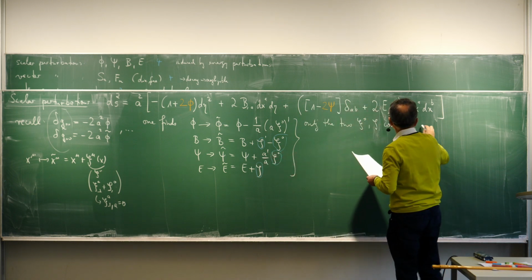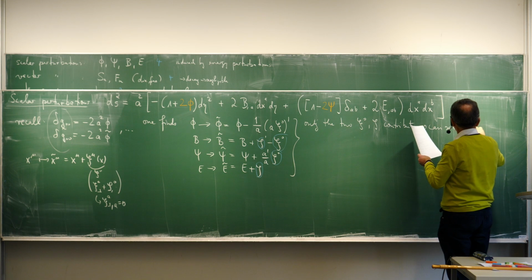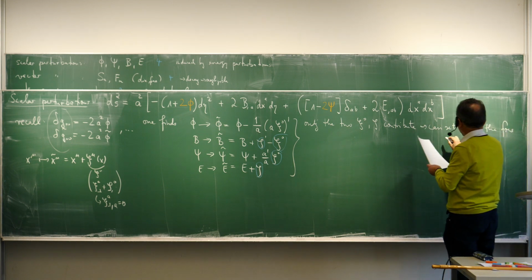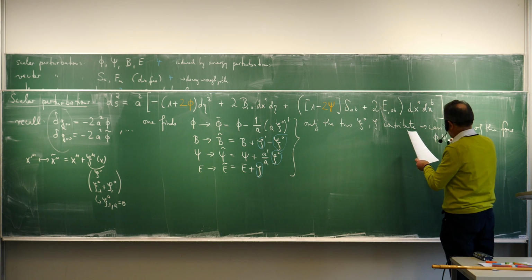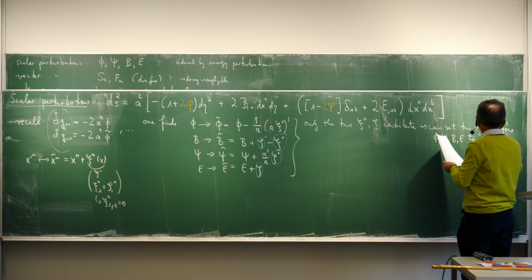So I can set two of the four, φ, ψ, B, and E, to 0.